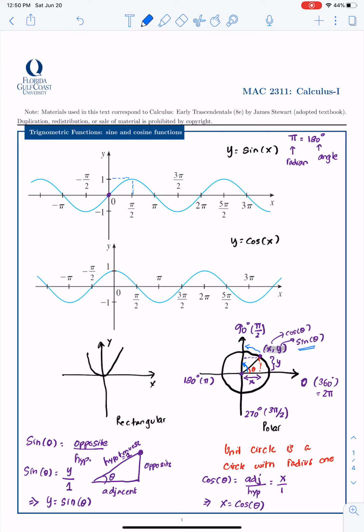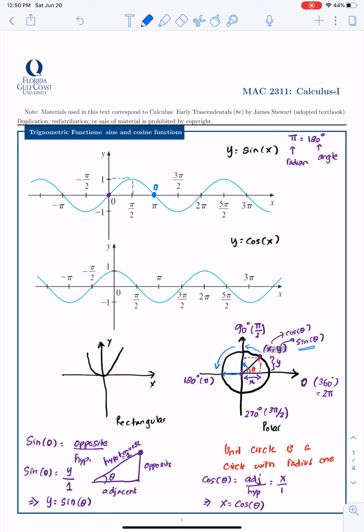And as we move from an angle of 90 degrees down to 180 degrees, in other words, I'm moving the hypotenuse toward 90, then back to 180, and it would come right over here. And what is the value of y on the x-axis? It would be 0. So at pi, we get a value of 0.